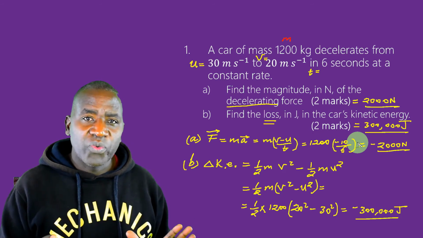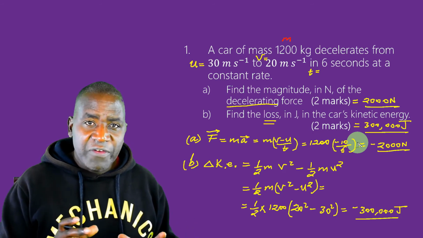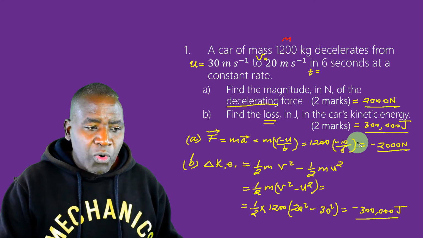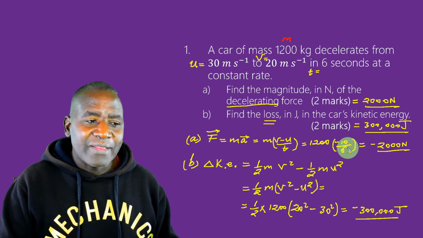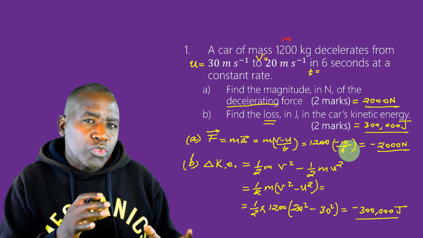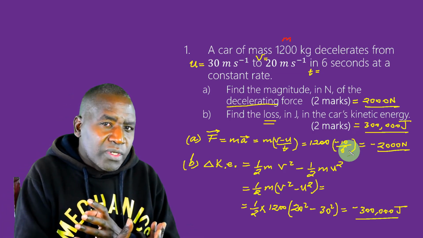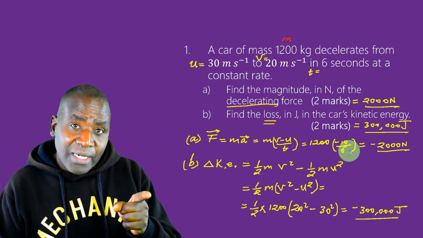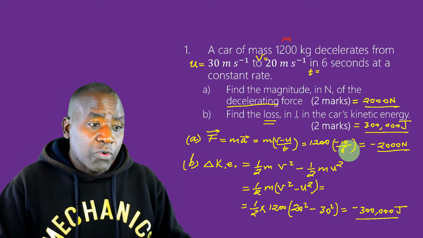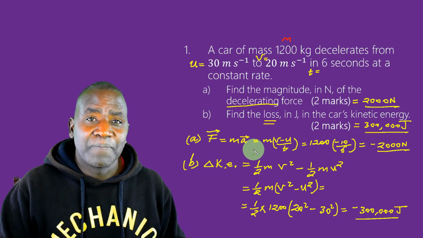You will never go wrong when you do that. Even if the final may have a smaller value than the initial, and therefore there is a tendency for students to swap values around. You see, if you use F is equal to ma and you swap those values around, you'll find that your F will be equal to 2000 newtons.